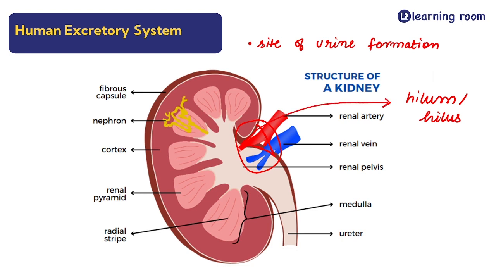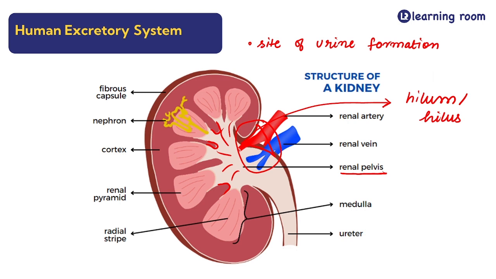Inside the hilum, there is a broad funnel shaped space, referring to this space here. And here, there are some projections called calyces. So these are the calyces, and this funnel shaped region is what we call the renal pelvis.